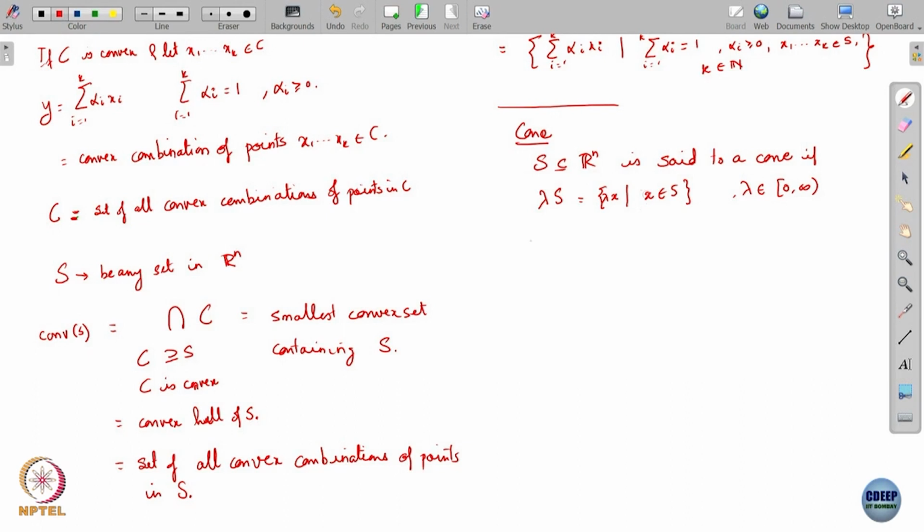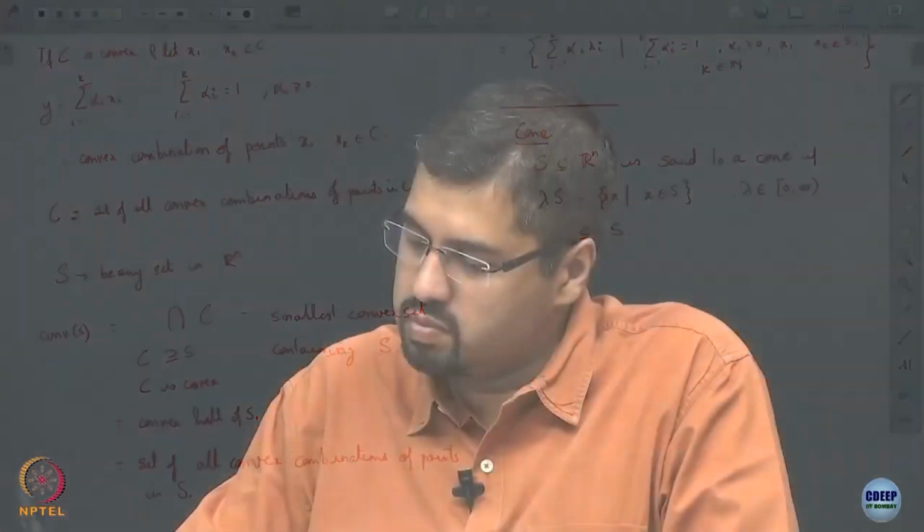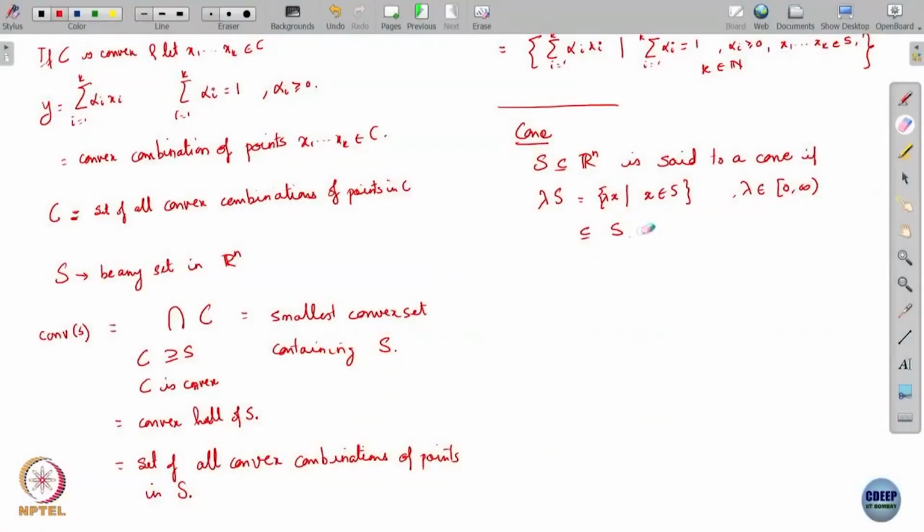Now, the set is said to be a cone if lambda S belongs to S or is a subset of S, for all lambda non-negative. So, what does this mean?